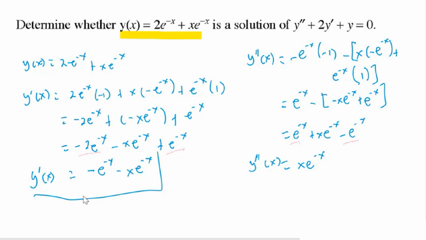Now after that, we are going to substitute that into our equation, y double prime plus 2y prime plus y is equal to 0.